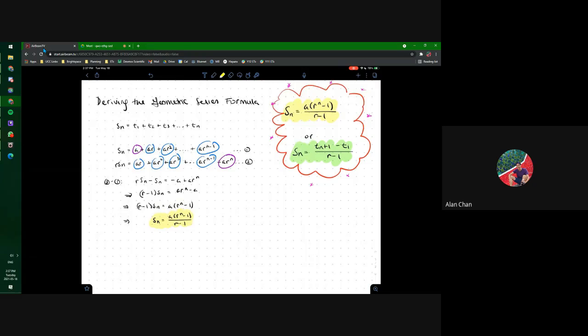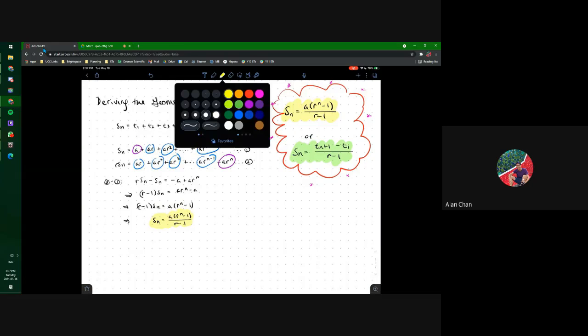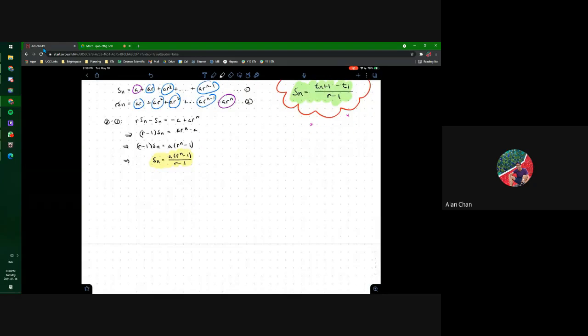Now, in order to show this is equal to the green formula, that's quite easy. All you need to do is take this yellow formula and say, okay, whoa, that's the highlighter, not the pen. This is equal to ar to the n minus a over r minus 1. So again, I factored out a here, and I'm expanding it over here to show the green form.